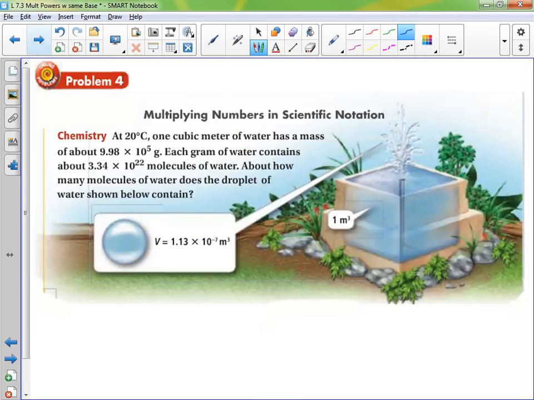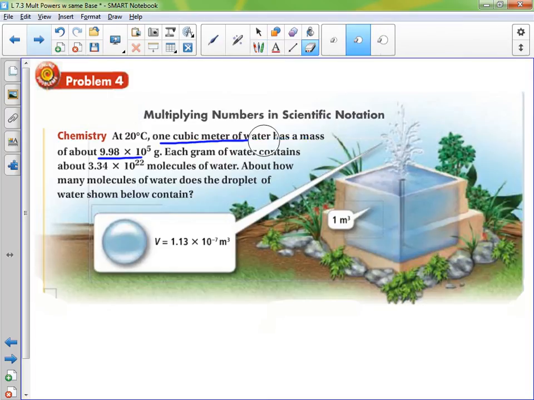Moving on. The fourth and final example is a story problem. And the words in the story problem make this a little confusing, but really all you're doing is multiplying three scientific notation numbers together. So let's read it. At 20 degrees Celsius, 1 cubic meter of water has a mass of about 9.98 times 10 to the 5th grams.